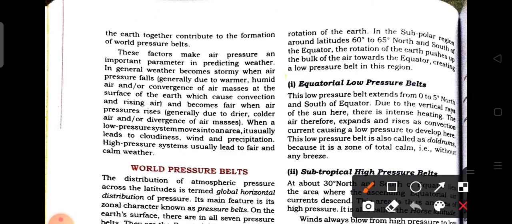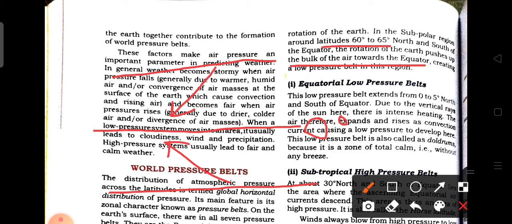In the subpolar region, around latitude 60 to 65 degrees north and south of the equator, the rotation of the earth pushes the bulk of air towards the equator. So if this is the equator, that is 0 degrees, then at the subpolar region at 60 to 65 degrees north and south, the air is pushed towards the equator due to the earth's rotation.